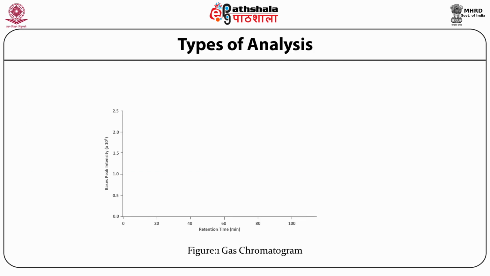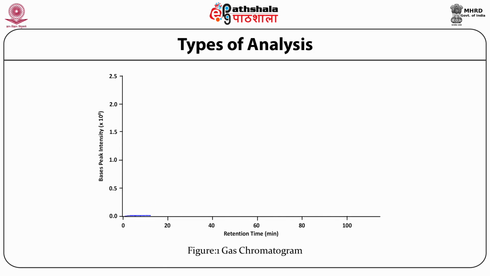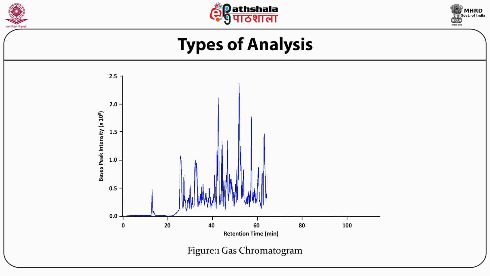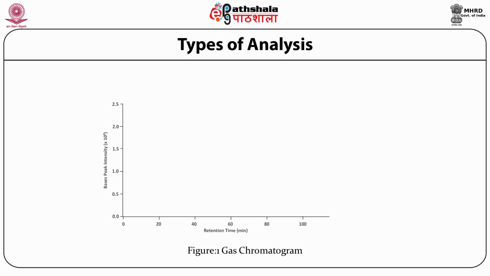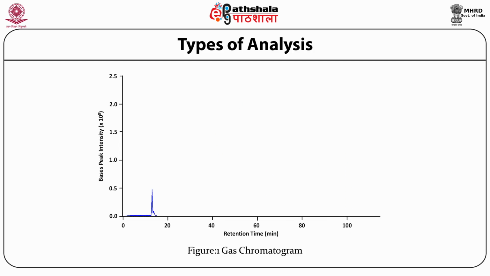The instrument used to perform gas chromatography is called a gas chromatograph or aerograph or gas separator. Gas chromatogram is the graphical representation showing peaks of separated compounds on the basis of retention time or volume.